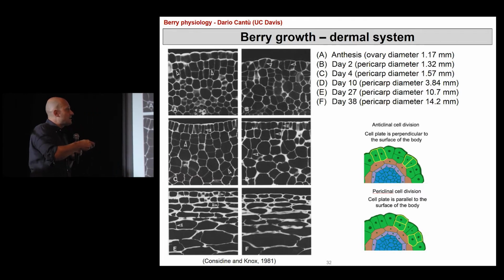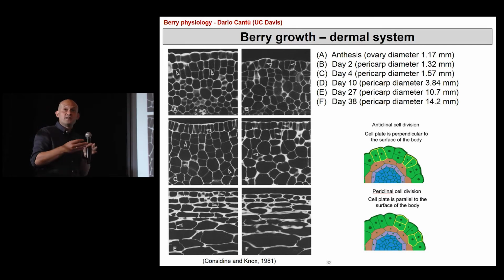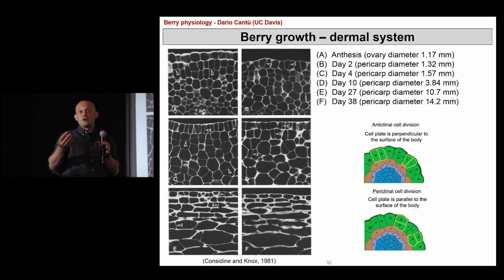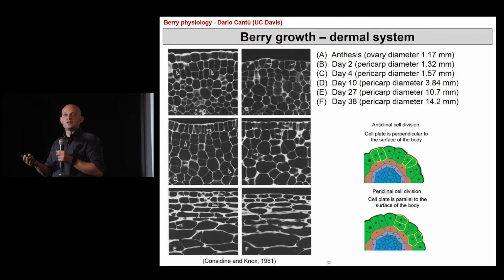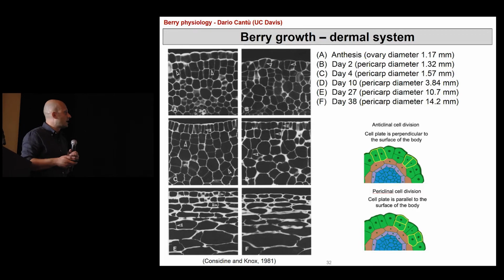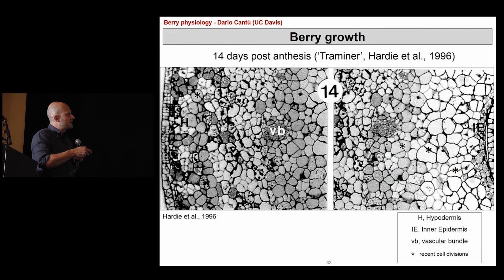The more cell division happens underneath the epidermis, the thicker the skin. And you know that thickness of the skin determines how many other good things you have in those berries, including anthocyanins.